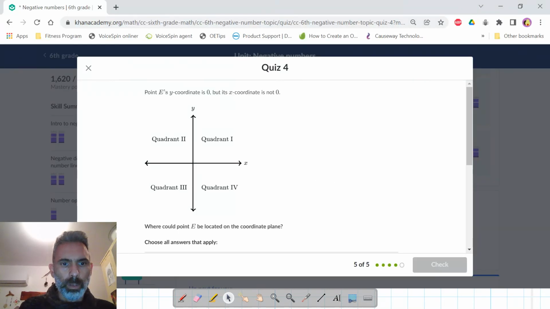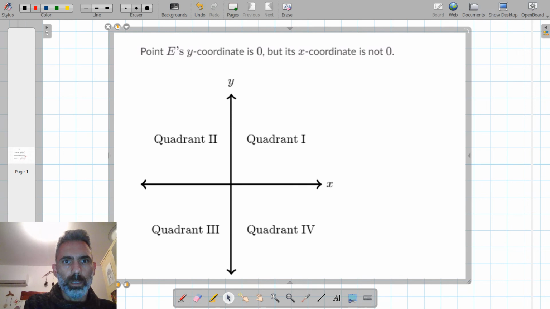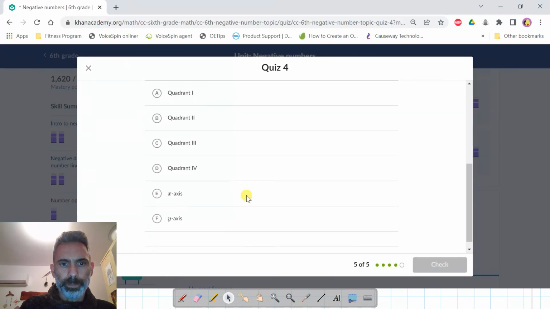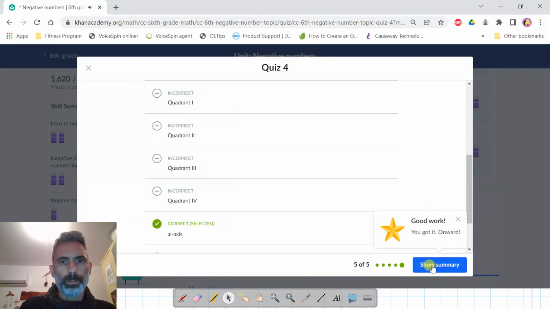Okay. Where could point E be located on the coordinate plane? So if y is 0, but x is not 0, so it's somewhere along the x-axis. Good.